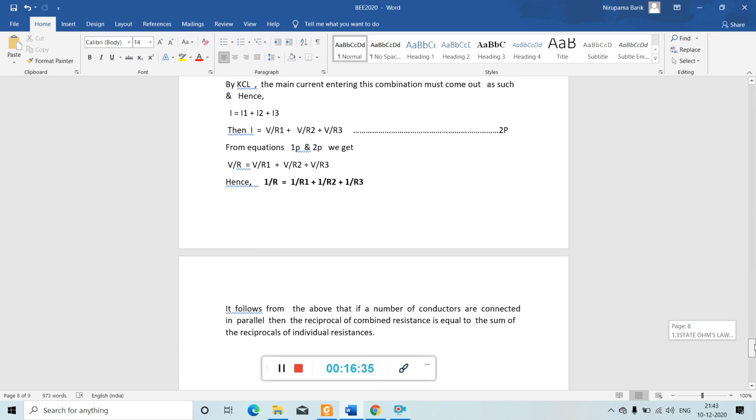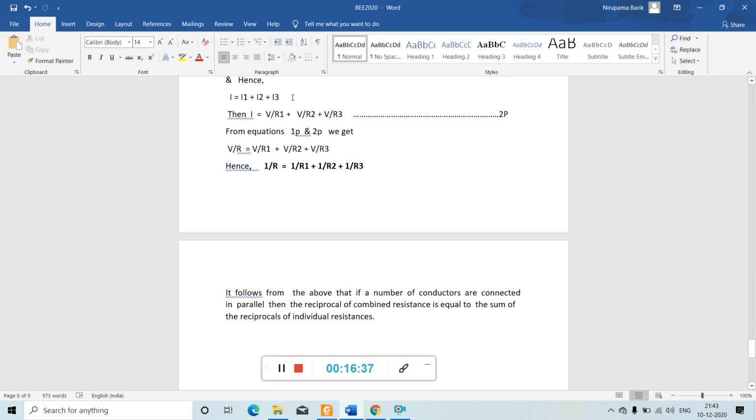So see here, when we apply KCL, we get this equation, that is I is equal to I1 plus I2 plus I3, and we already found that I is equal to what?